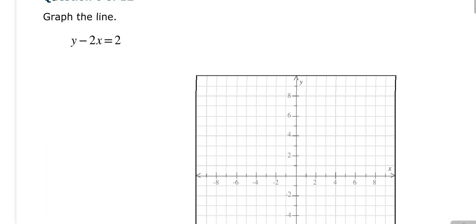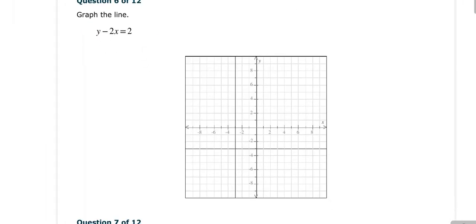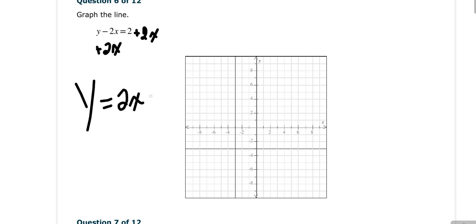Graphing the line, if it's not given in y equals mx plus b form, your first order of business is to get it into y equals mx plus b form. So we have y equals 2x plus 2.